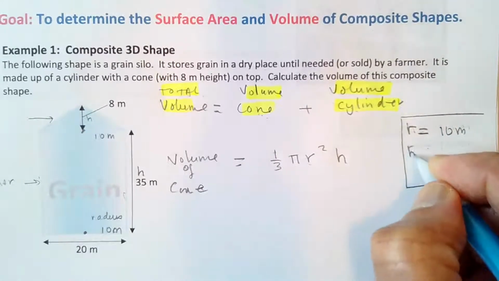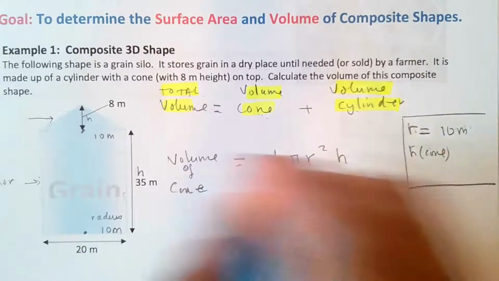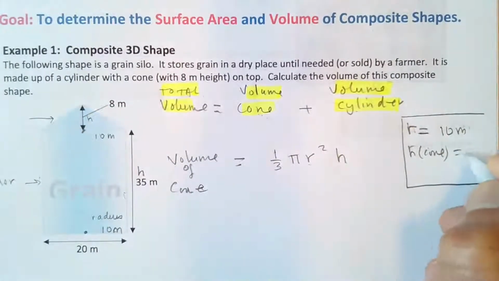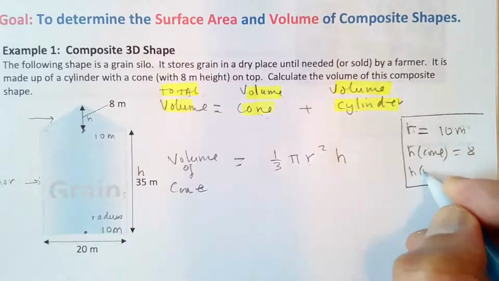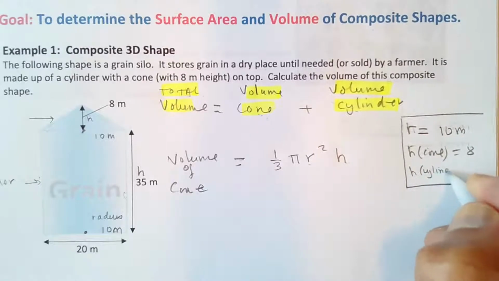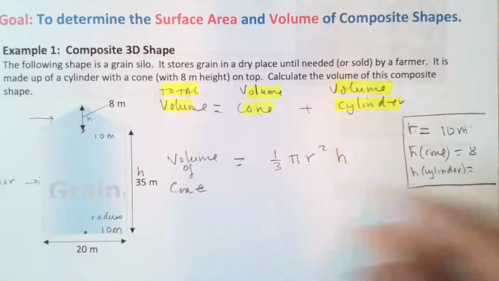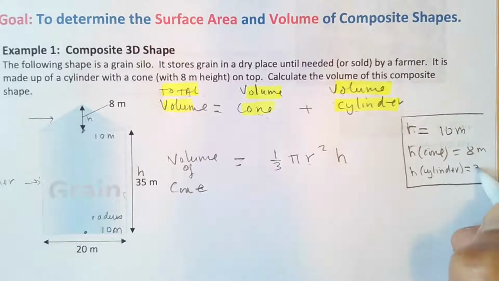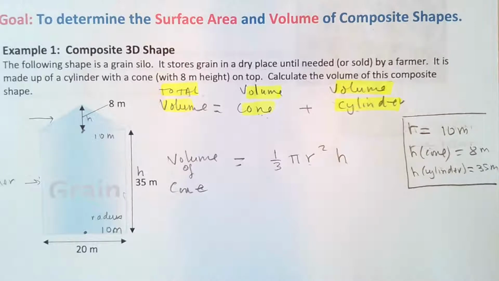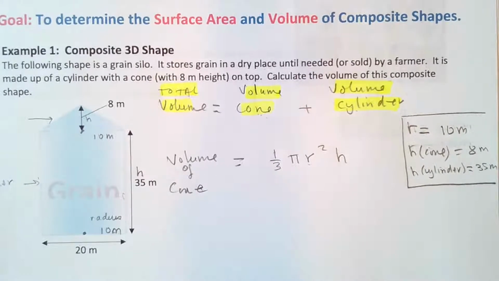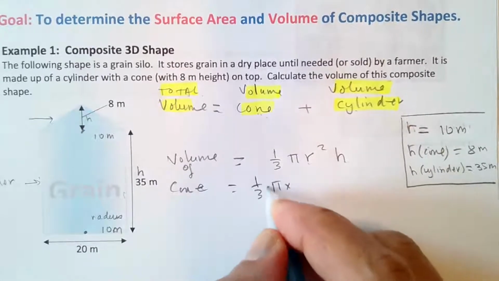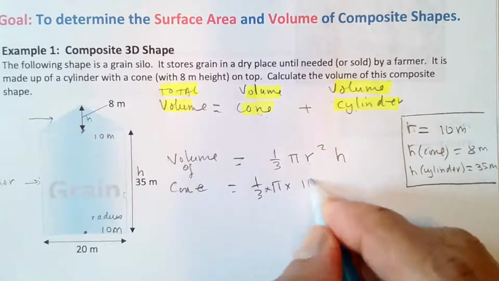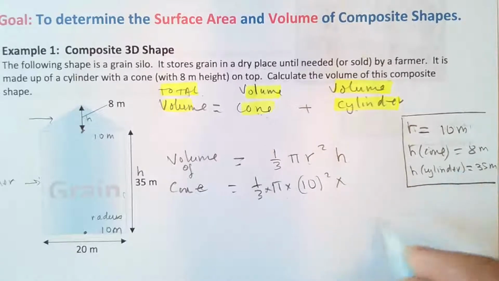Now the height for the cone, this height here, is 8. And the height for the cylinder is equal to 35 meters. Just make sure we differentiate them. So now this would be equal to 1/3 pi multiplied by the radius, which is 10 squared, multiplied by the height, which is 8.